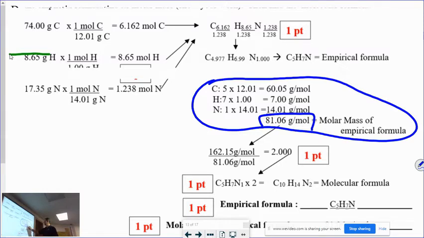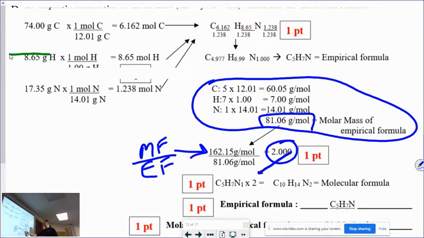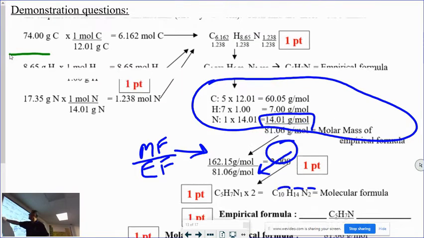So I know the empirical formula mass, and I was given the molecular formula mass in the problem. I take the molecular formula mass, divide it by the empirical formula mass, and I should get a whole number. I multiply that whole number through my empirical formula, and I get C10H14N2. So that is what I am all given.